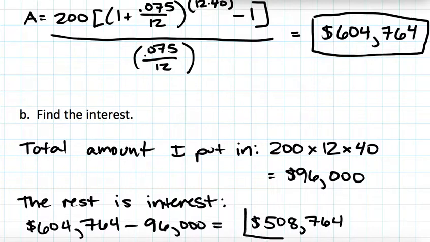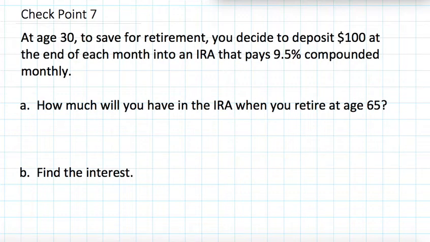So a pretty high percentage of the amount in the account is actually interest earned. And the reason for that is because it was in the account for such a long time. One of the things that they always say about saving for retirement is that you should start early when you're in your 20s, and that's because that gives the amount that's put in there early a long time to grow a lot of interest. So next you should look at checkpoint problem number 7. Do this in your notes, check your answer, and then move on to the homework.